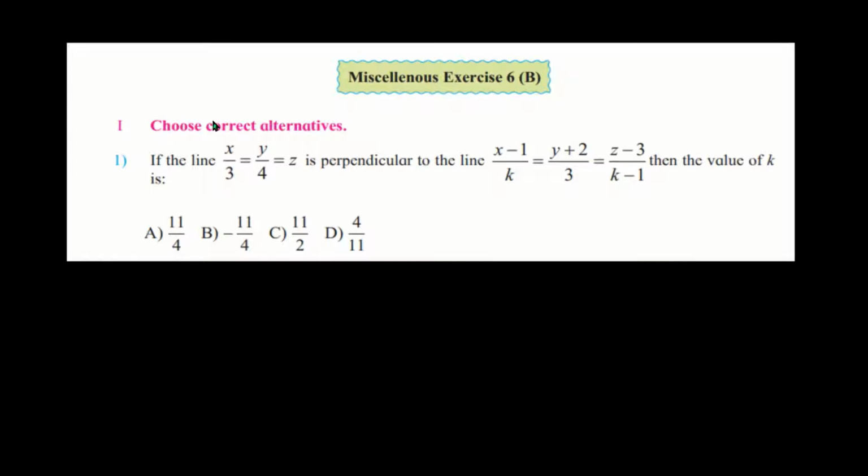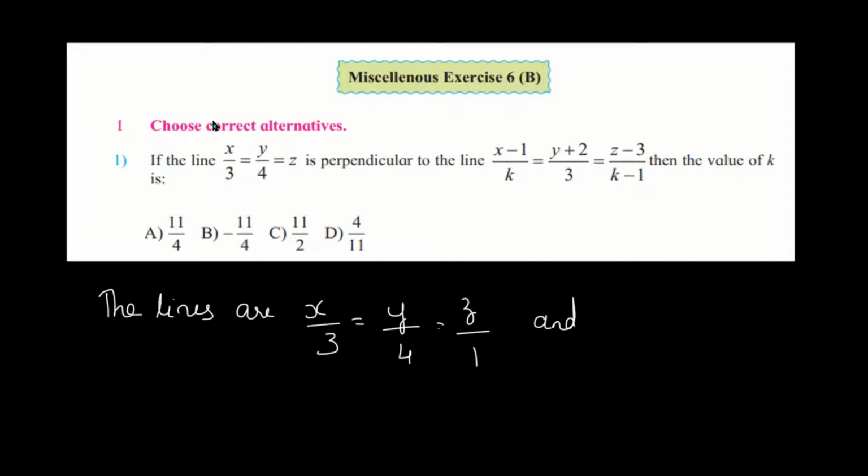From the given data, the given lines are x upon 3 is equal to y upon 4 is equal to z. Now z can be written as z upon 1, and x minus 1 upon k is equal to y plus 2 upon 3 is equal to z minus 3 upon k minus 1. So this is what is given in the question.